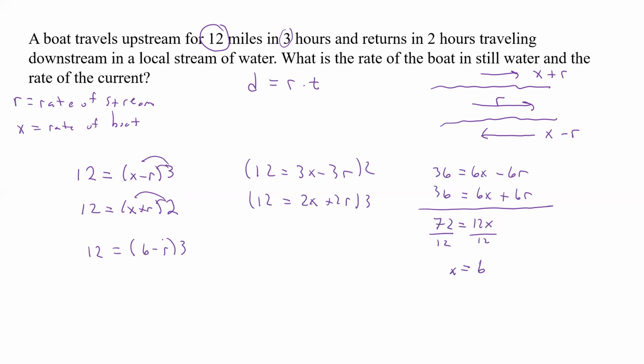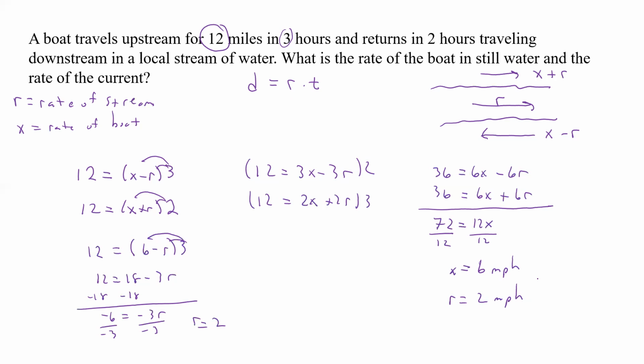We can distribute again: 12 equals 18 minus 3r. Subtract 18, so that's minus 6 equals minus 3r. Divide by negative 3. R equals 2. And we're doing miles per hour, it looks like, so this would be miles per hour, miles per hour.